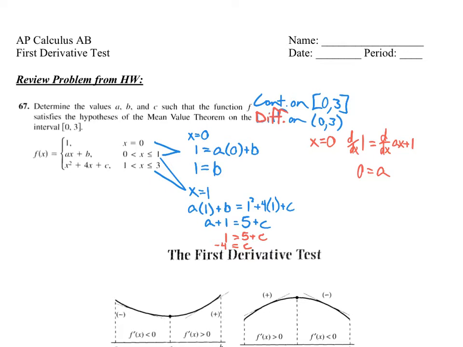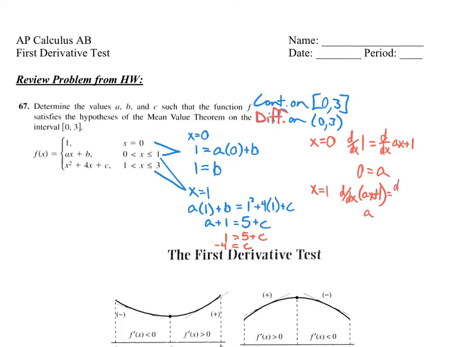Now, I still do need to double check this other junction here at 1. Okay, so let's check this here. We have, when x equals 1, the derivative of ax plus 1, which is really just a, which we already know is supposed to be 0, right?